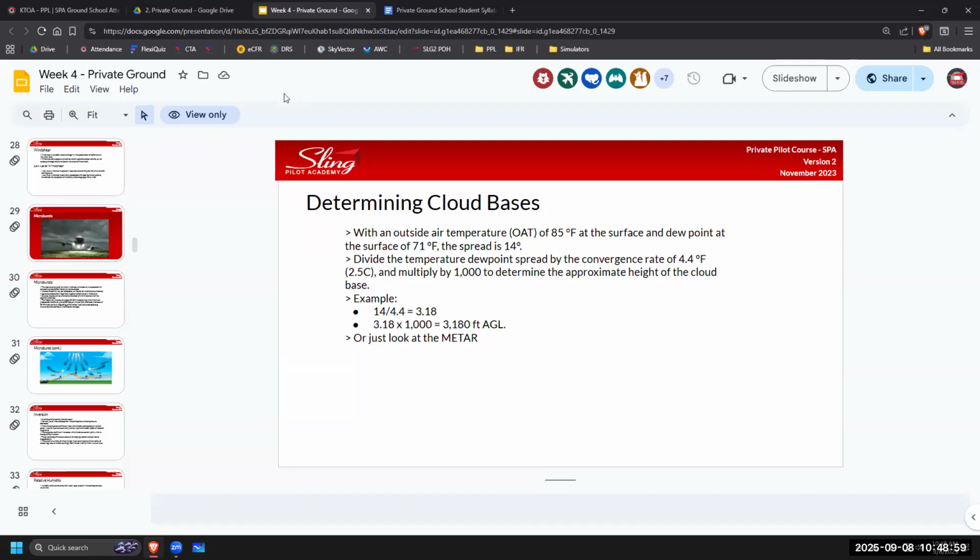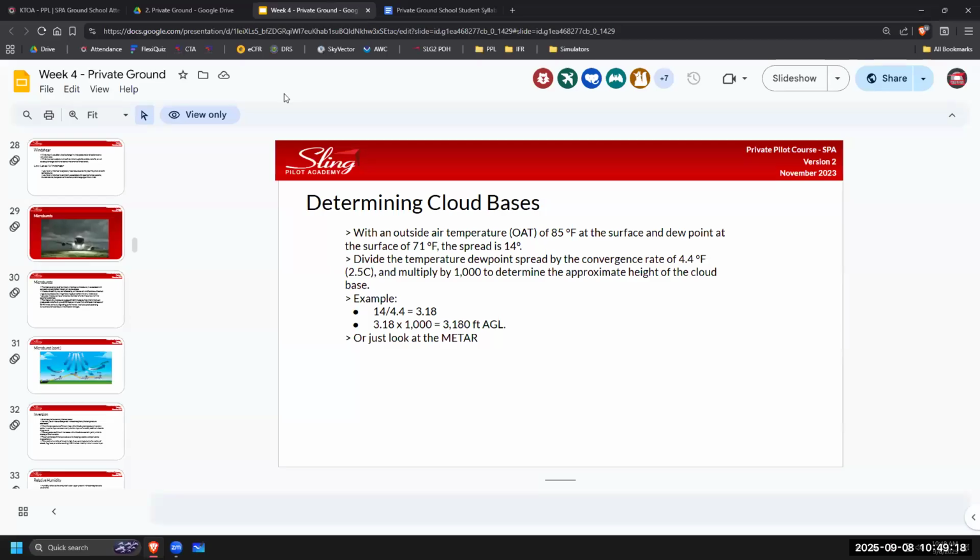Nobody? What are the limitations of marginal VFR? What does that mean? Yes, that's the visibility. What about the ceiling? Thank you. Yeah.